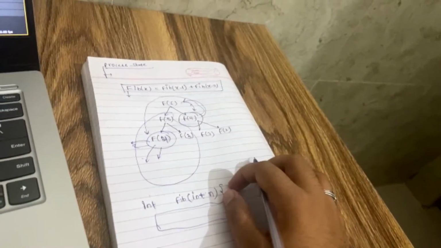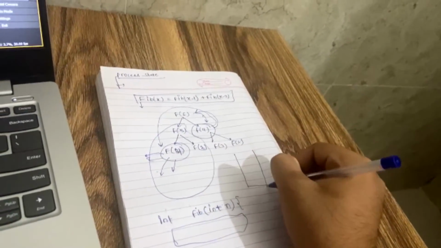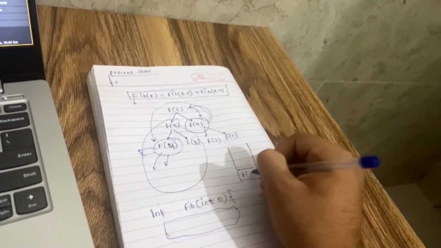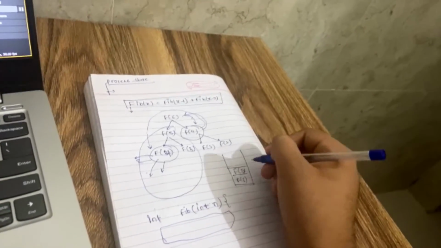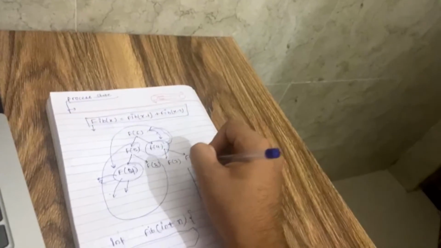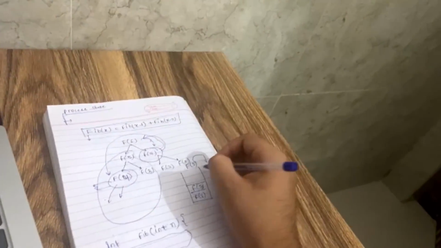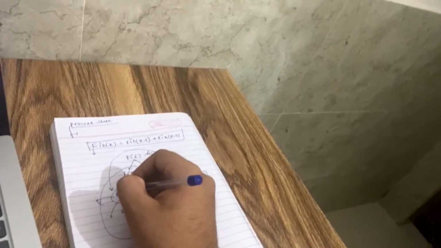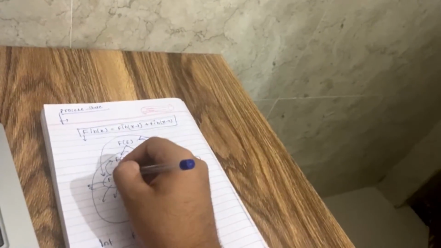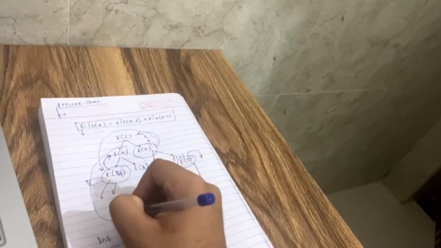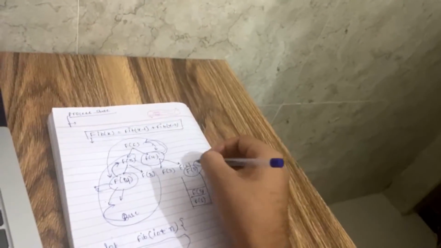When we want to find f6, it creates f5, and when it reaches the base case, it will start removing. The removing step in this recursion tree we call returning. In the base case, you return something from here.